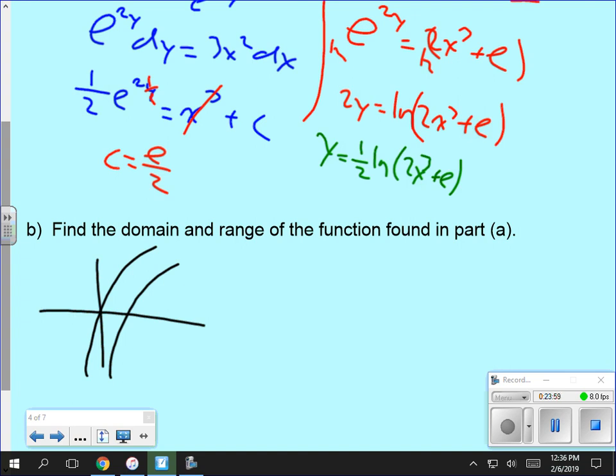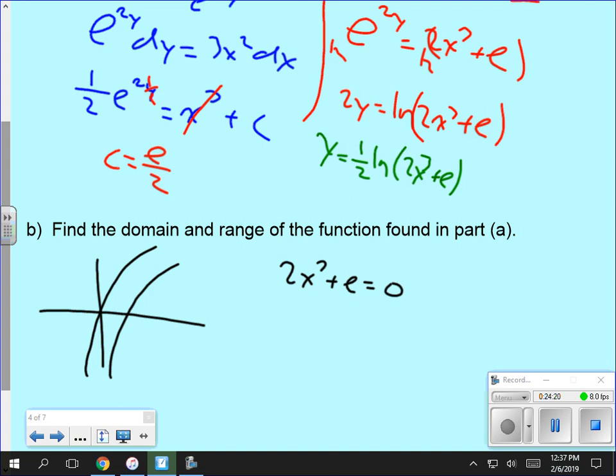So what I have to do is take 2x cubed plus e, set it equal to 0, and figure out where that 0 is. That's the limit of my x's. x can't be smaller than that value. I'm not allowed to take the natural log of something equal to 0 or a negative. I have to solve that. Not a problem.